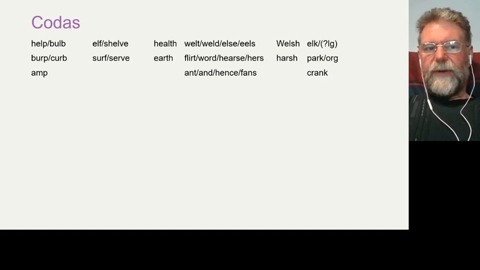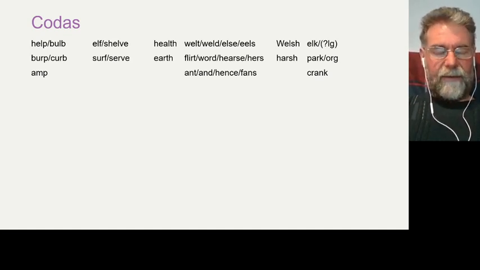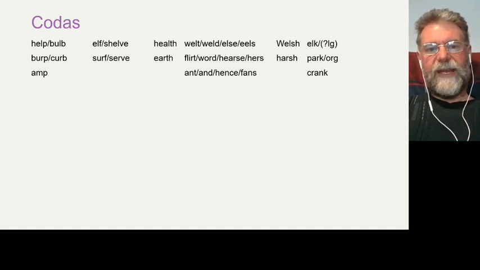With the nasals, you can get nasals in front of certain other consonants in the coda, but here there does seem to be more of a restriction, and I think we've already seen this in class last time, or maybe the time before, that there seems to be a place assimilation restriction on things, in as much as you can get a labial nasal in front of a labial plosive, as in amp, and you can get an alveolar nasal in front of an alveolar plosive or fricative, as in ants and hence and fans.